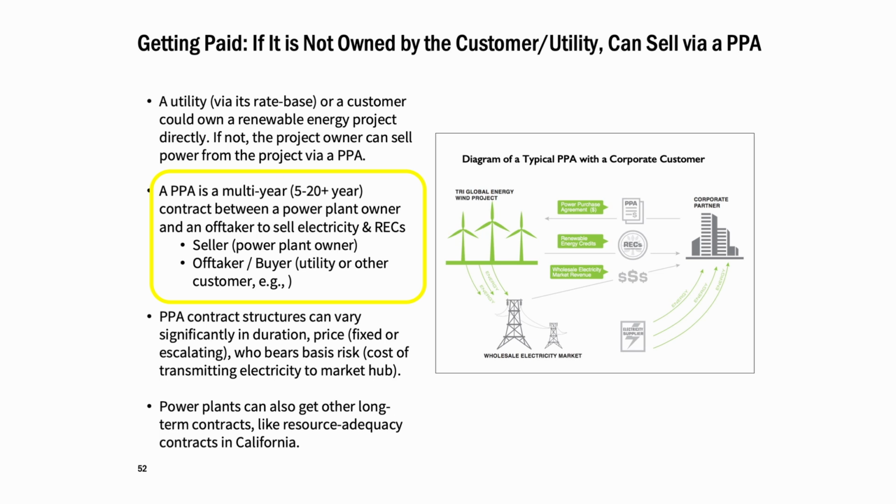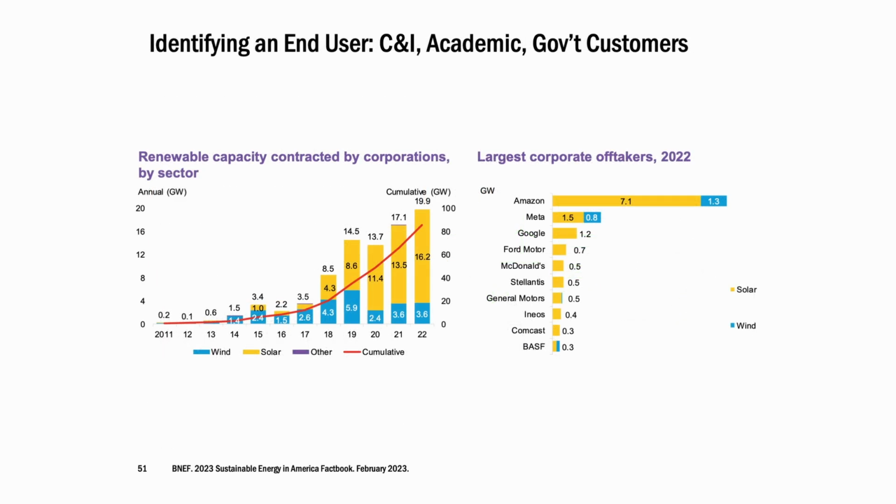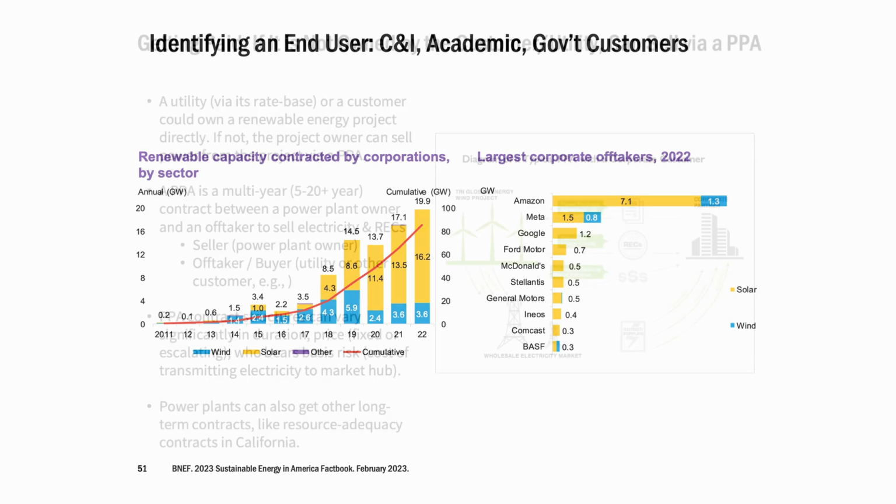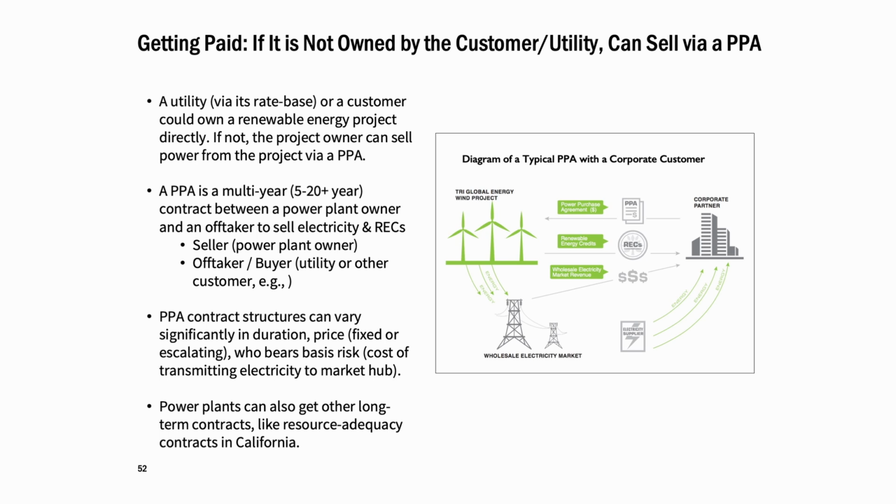It could be fixed, it could have escalators baked in, it could be tied to a hub price. But PPAs are also how these non-utility customers would enter into an agreement with a renewable energy project.